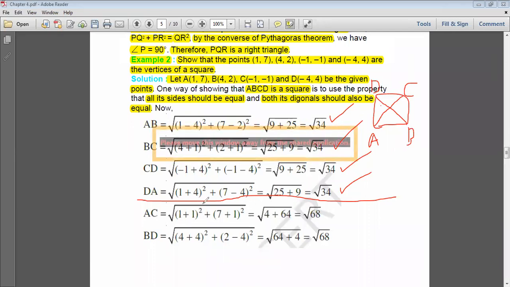AC we can find as the square root of (1 plus 1) whole square plus (7 plus 1) whole square. 7 plus 1 means 8, so 4 plus 64, which is equal to the square root of 68. And similarly, BD is equal to the square root of 68. So you can conclude that all the sides as well as the diagonals are equal.